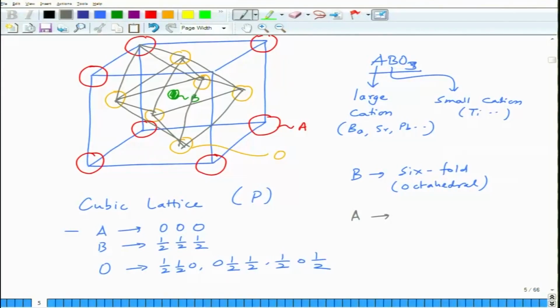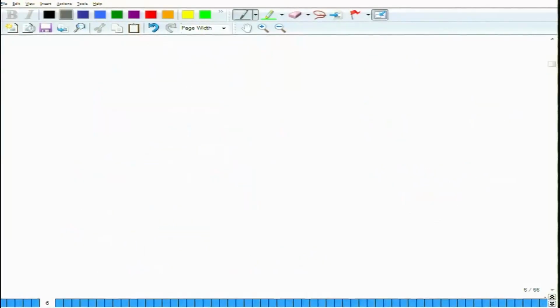But some of these atoms are shared by 2 unit cells, so it will be 12-fold coordination, and it makes sense because B is a smaller atom. It requires, based on the radius ratio, 6-fold coordination, and A has a coordination which is 12-fold because it's a bigger atom. You can represent this unit cell in a different manner also.